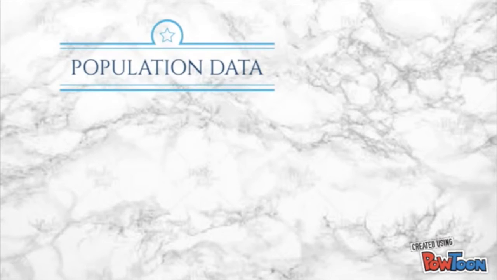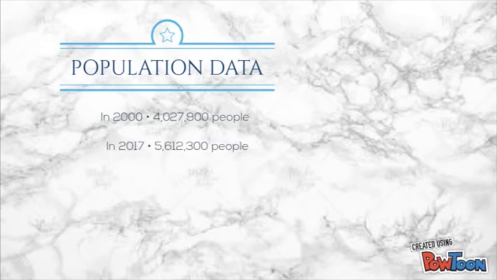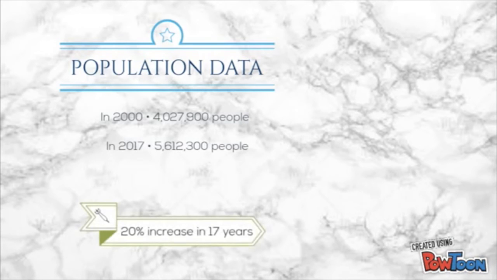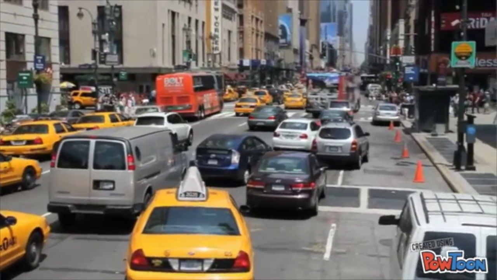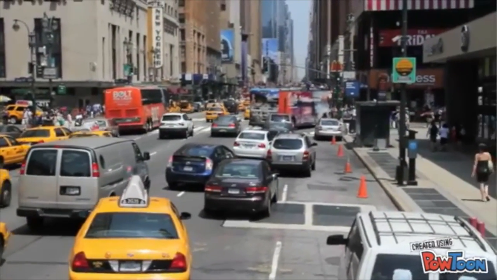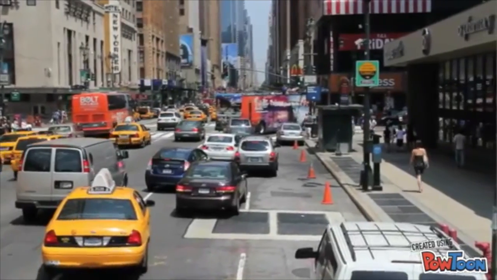From our data that we have gathered, the population has been experiencing a rising trend from about 4 million people in 2000 to close to 5.6 million people in 2017. This is an increase of more than 20% within just 17 years. The rationale behind this is that if everyone were able to afford a car, no one can get anywhere, especially during peak hour.